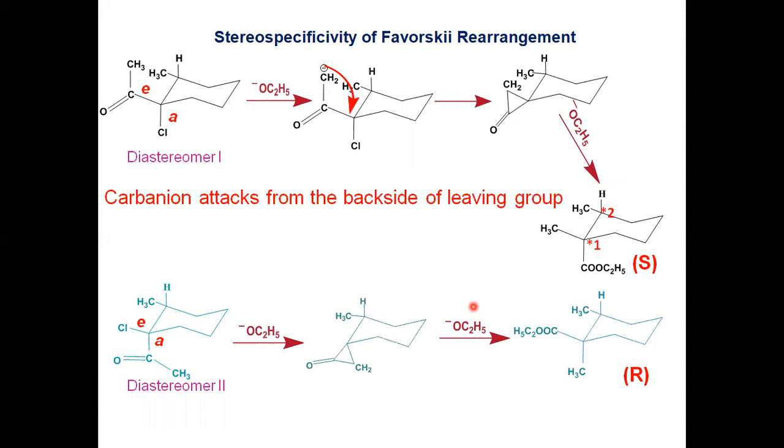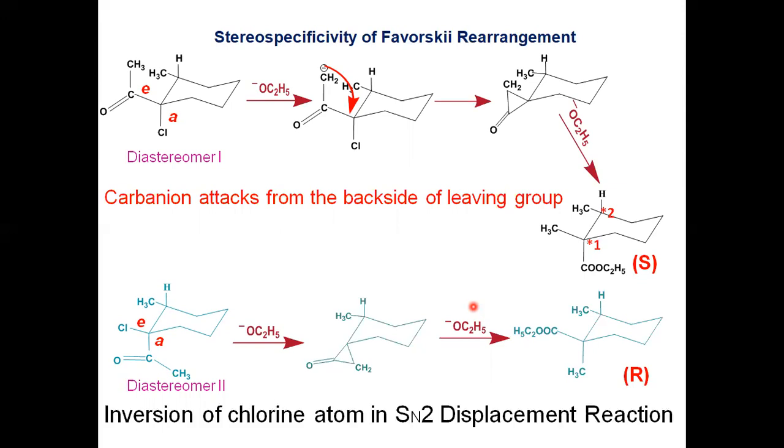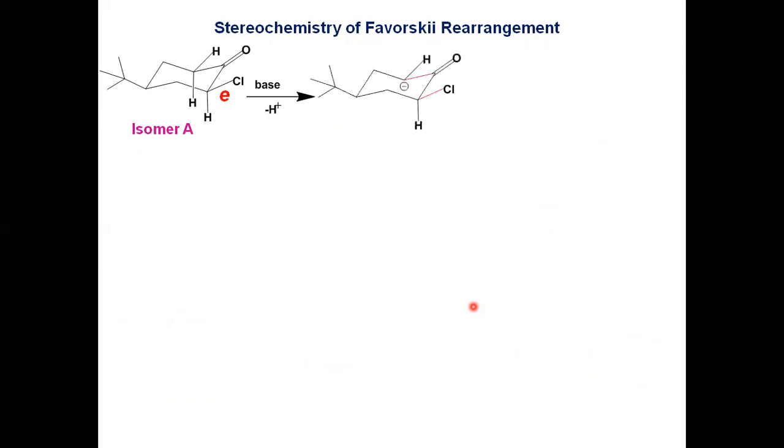Now, out of these two conformations, with axial halogen or with equatorial halogen, which will be preferred for the Favorskii rearrangement? This is the stereochemistry of the Favorskii rearrangement. This is isomer A, in which chlorine is present in the equatorial position. When the base abstracts an alpha proton, it forms a carbanion. Since the reaction involves intramolecular SN2 displacement, the next step is elimination of chloride.